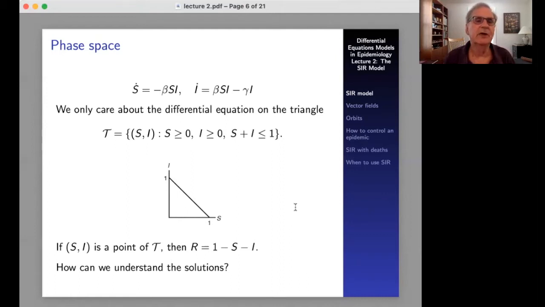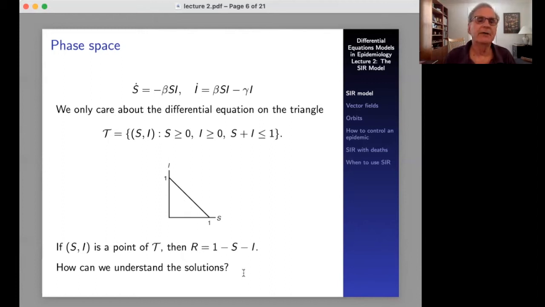Whenever we look at this triangle, let's just bear in mind in interpreting things, we'll have a point SI in here, but there's always an R value associated with it. R is 1 minus S minus I. We see a point here gives us the number of susceptibles and number of infectives. There's a number of recovered associated with that.